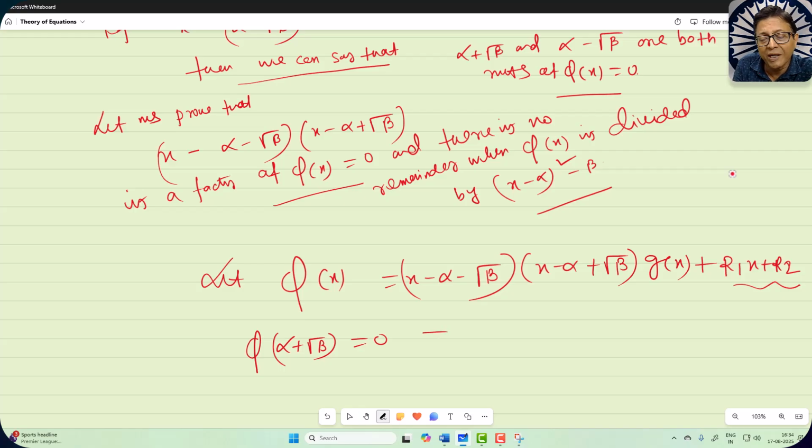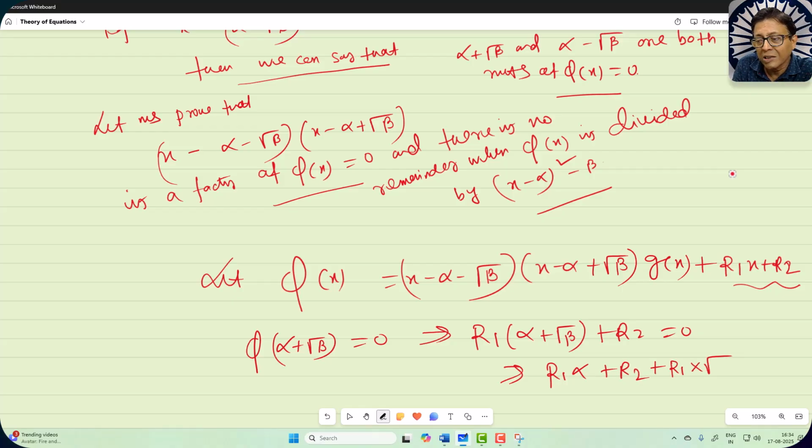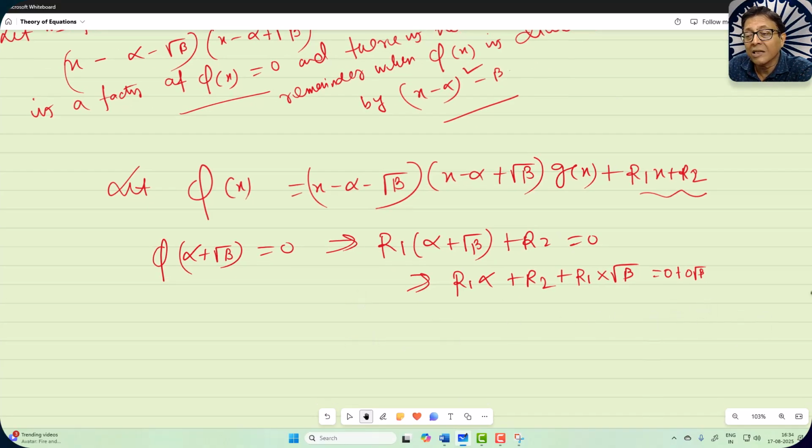What does this imply? This implies r1 into alpha plus root beta plus r2 equal to 0. So this implies r1 alpha plus r2 plus r1 root beta equal to 0 plus 0 root beta. We can write this manner. Now this is an identity.